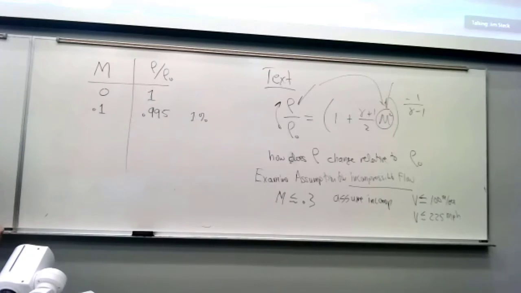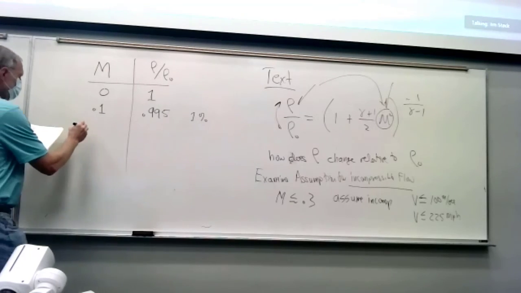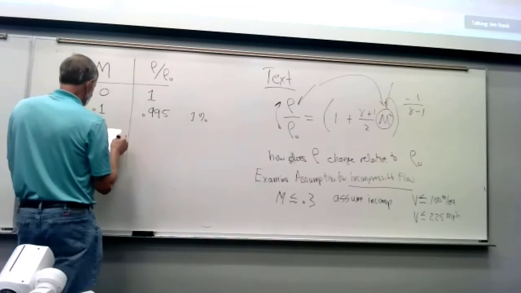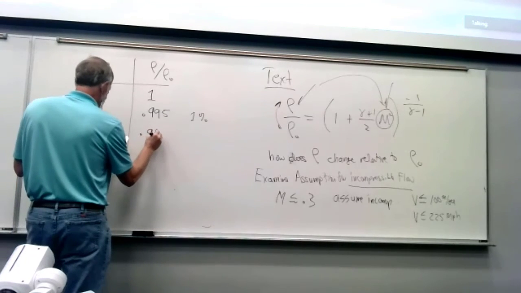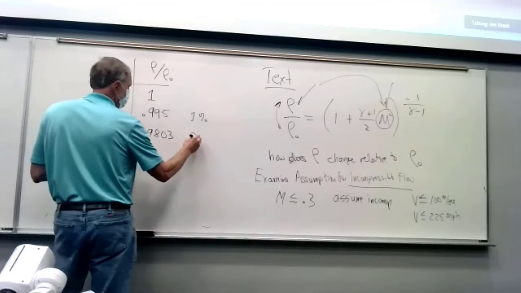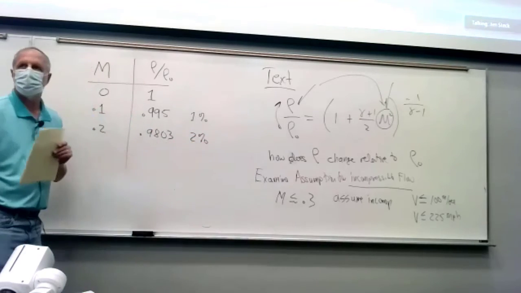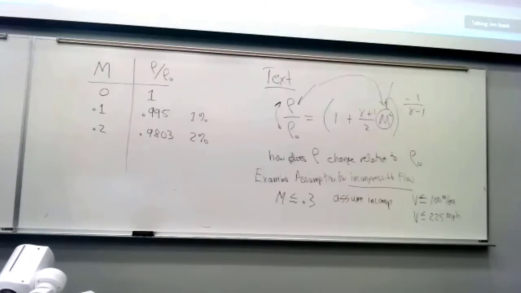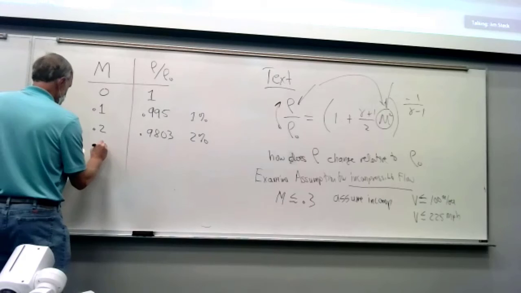We could say, okay, our calculations are going to be off by 1%, but that's good enough. Let's make the incompressible assumption and use the easy equation. Makes sense, right? Let's go up to Mach 0.2. Now we're off by about 2%. That's still not bad. Assuming the density only changes by 2% on our flow, because it's low speed, we're good.